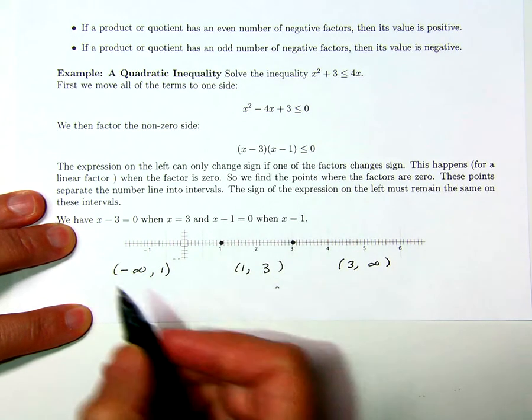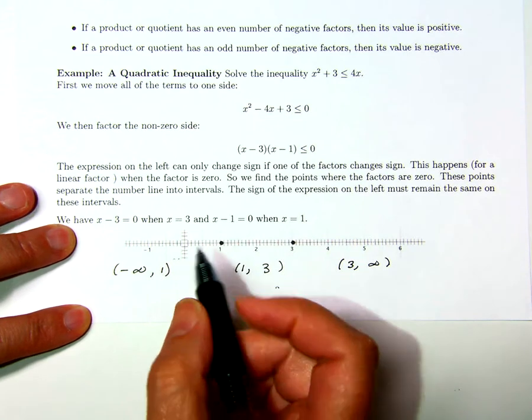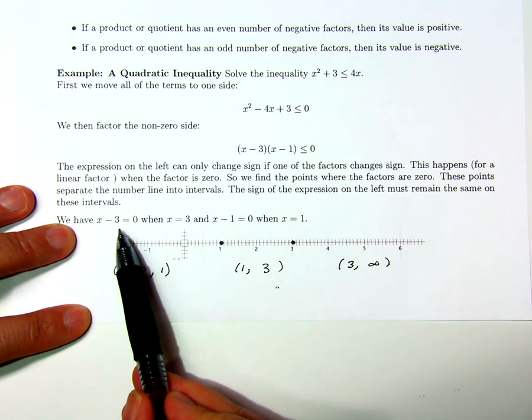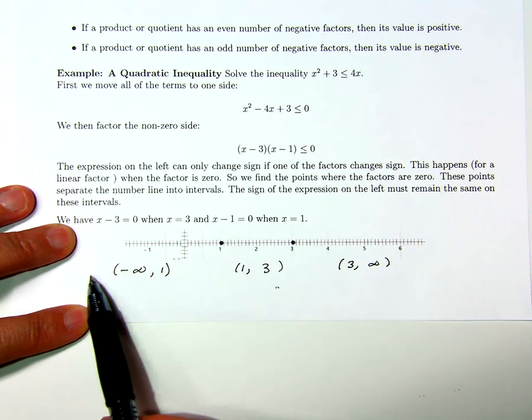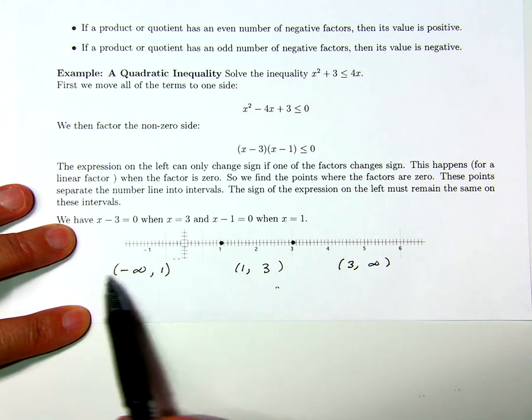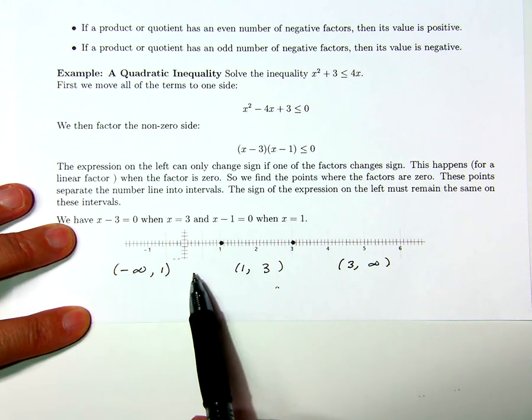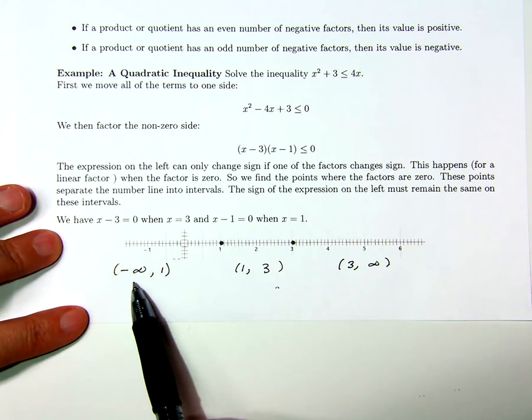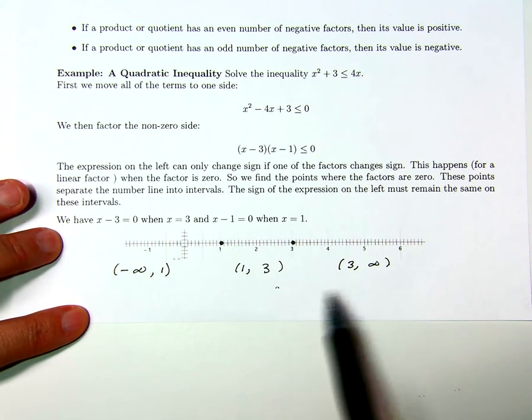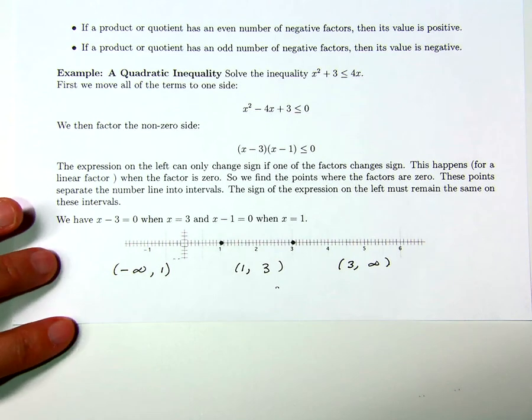And we know here that the signs of x minus 3 and x minus 1 remain constant on this subinterval, so therefore the sign of their product remains constant on that subinterval, and the same holds for the other two subintervals.